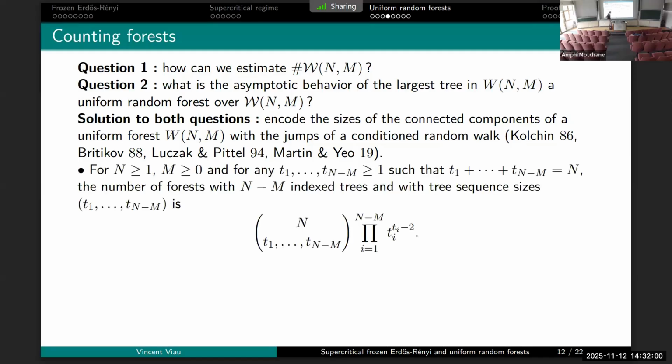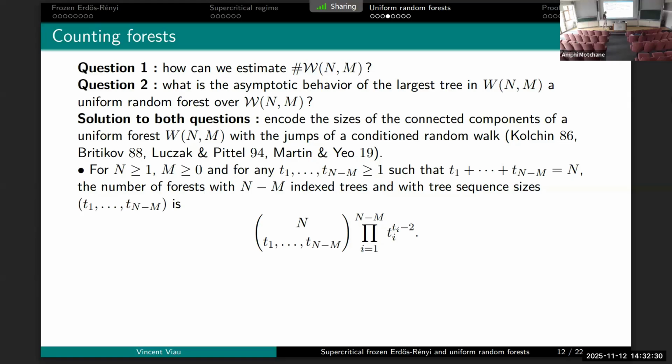We fix numbers n and m. So n will be the number of vertices in the forest, and m the number of edges. And maybe the easier way to count this forest is to add some indexation of the trees. So since you have n vertices and m edges in your forest, you have n minus m trees, which we are going to index.